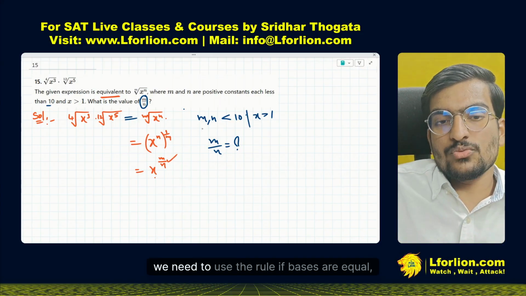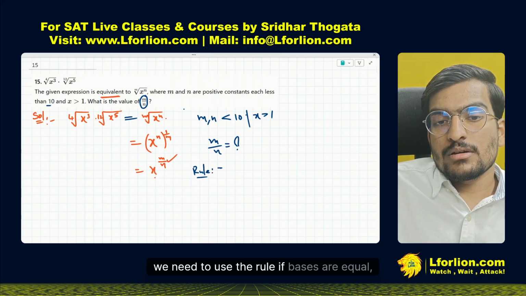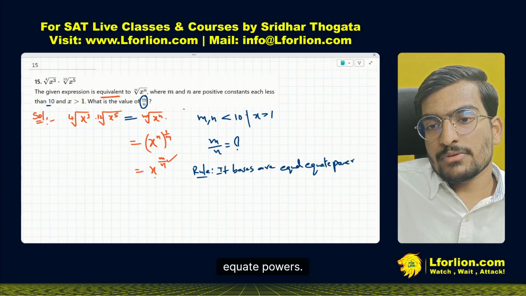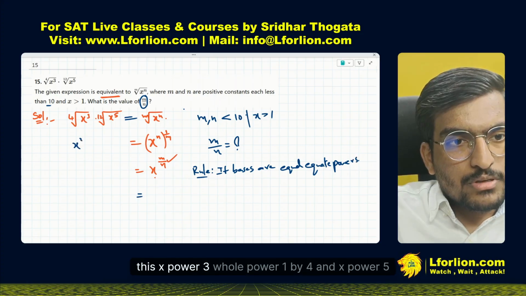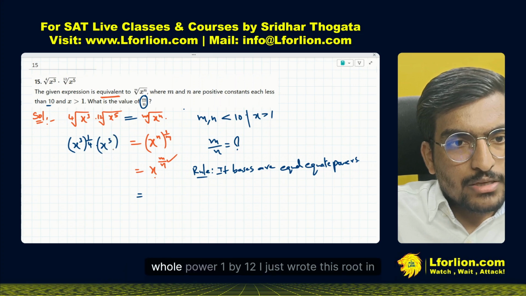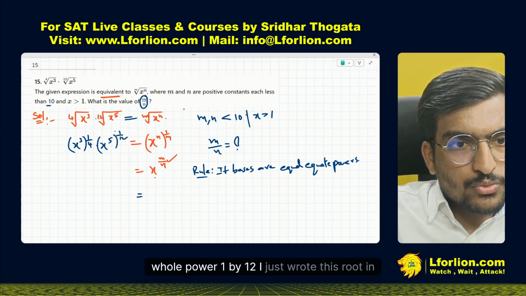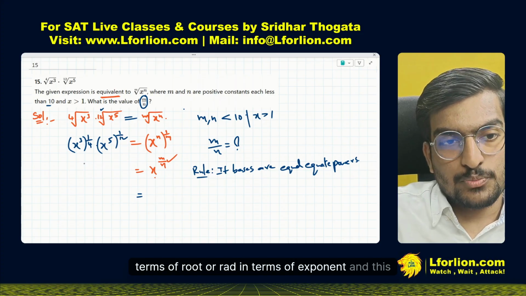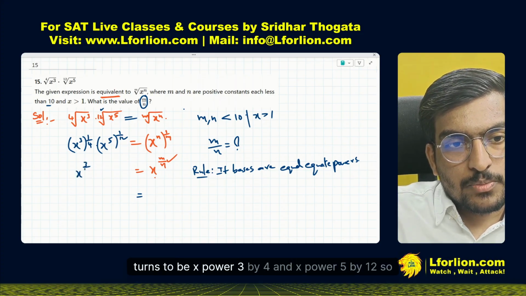We need to use the rule: if bases are equal, equate powers. So this is x power 3 whole power 1 by 4 and x power 5 whole power 1 by 12. I just wrote this root in terms of exponent, and this turns out to be x power 3 by 4 and x power 5 by 12.